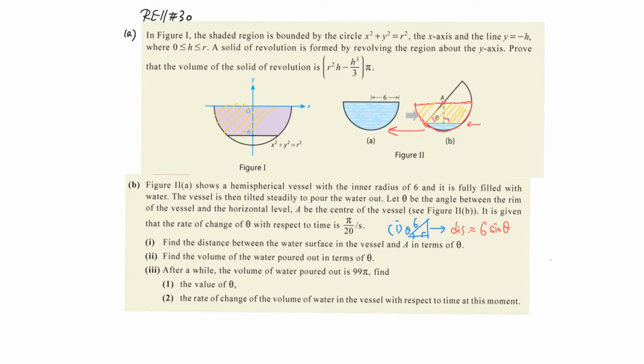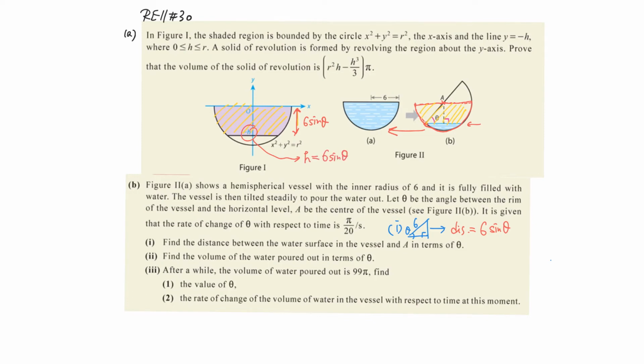We have found that the volume of the empty space is the volume of the shaded region generated about the y-axis. Just apply the result in part A, consider the length here is what we found in part 1, that is 6 sine theta. So correspondingly, for h you should put 6 sine theta.